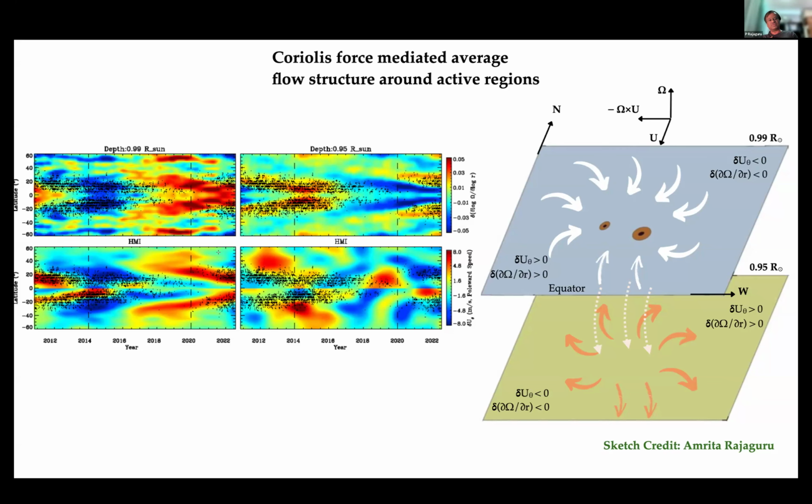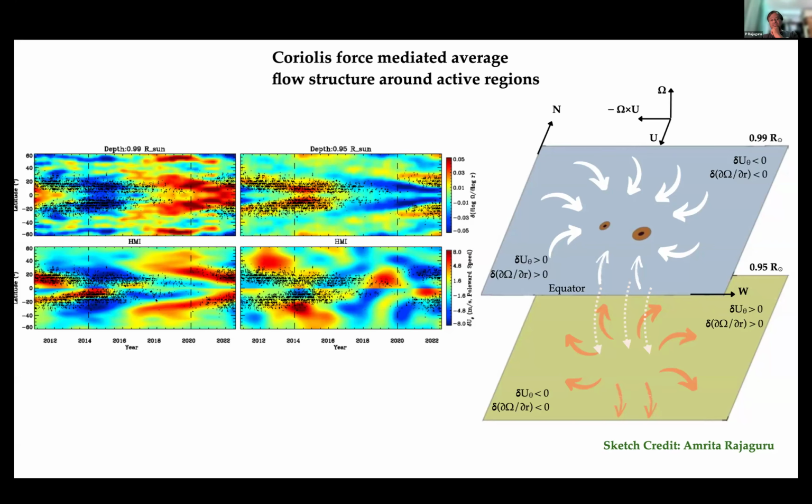And moreover, in these kinds of measurements, we are only talking about the residuals. So the overall equilibrium structure of the meridional flow has been removed, and then we look at the residuals to focus on the active region flows. So those, again, we believe are reliable, at least within the near surface shear layer.